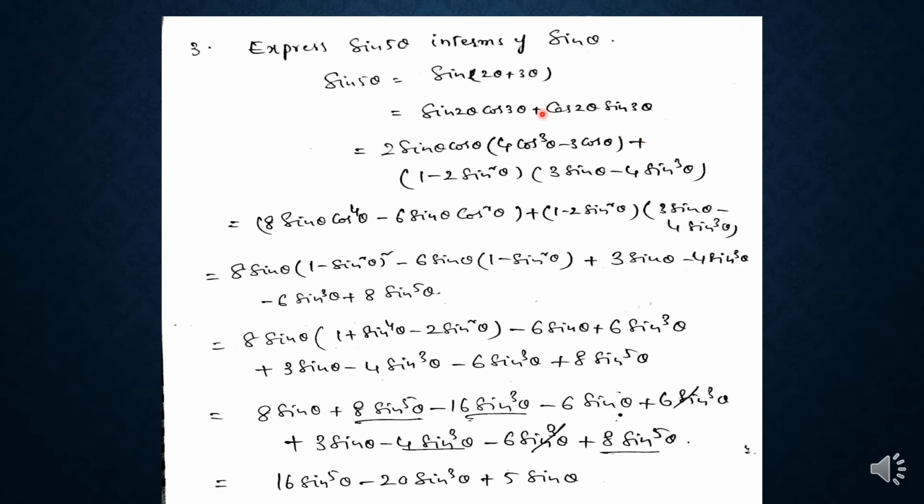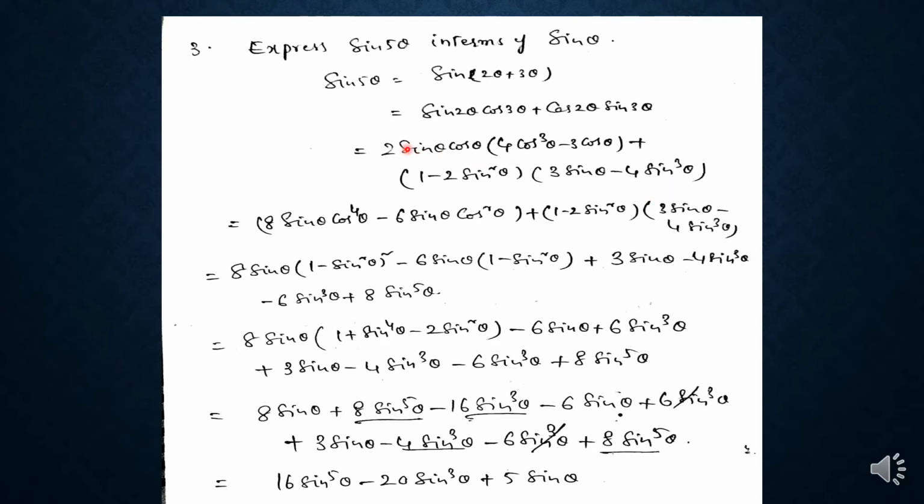In cos 2 theta we have so many formulas: in terms of cos and sine, in terms of only sine, in terms of tan. Here we want to express sine 5 theta in terms of sine theta only. That's why we put cos 2 theta in terms of sine theta. So that is 1 minus 2 sine square theta, into what is sine 3 theta? Sine 3 theta is 3 sine theta minus 4 sine cube theta.